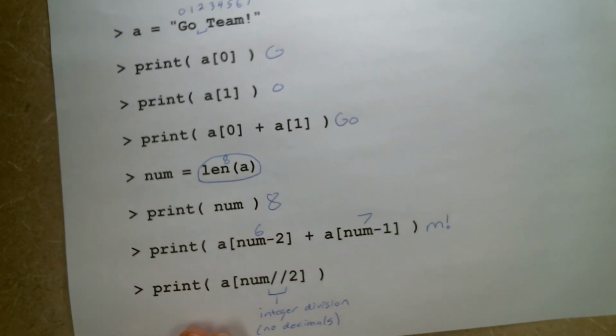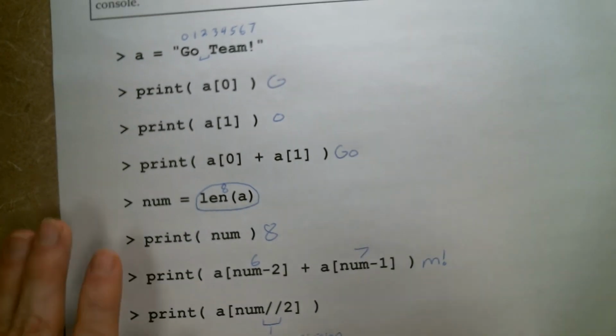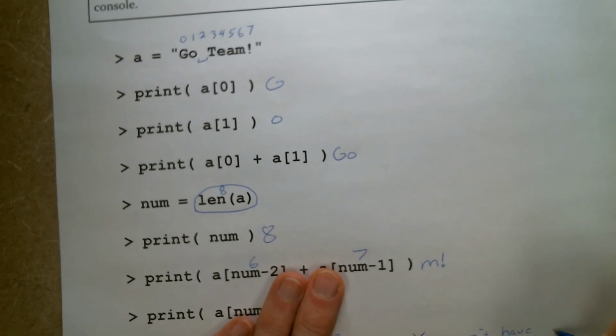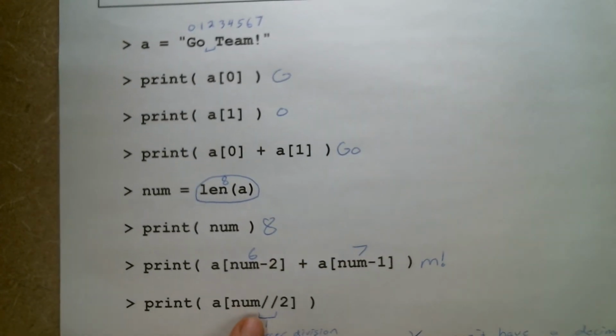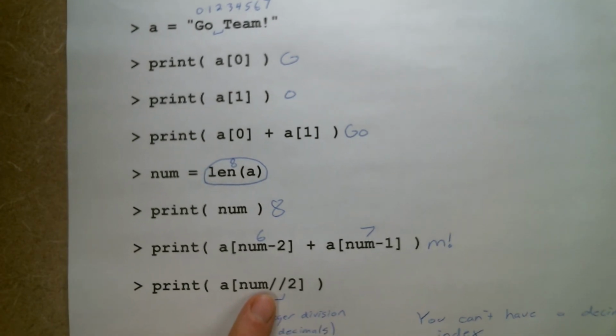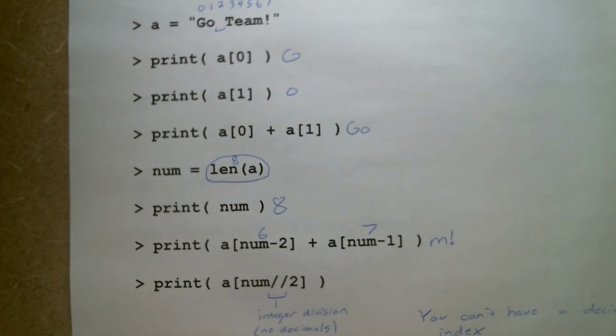The reason we're doing that is because you can't have a decimal index. So we don't want to use regular division, because if it was an odd length, you could end up with a decimal and then you get an error because you try to put a decimal index into here. But by doing the double division, we know that it's going to drop any decimals.